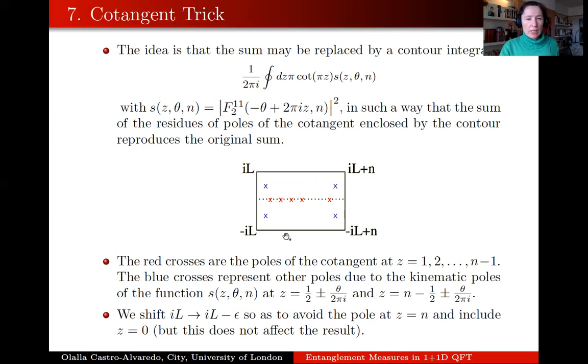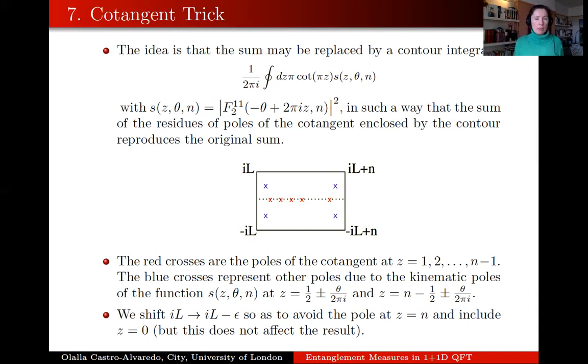So if we want to contain the pole at 0, what we can do is to shift this rectangle a little bit towards the left, and we want to avoid the pole at n. Okay, so we're gonna imagine that we are doing that. In fact, including the pole at 0 or not doesn't really change the final result, but just for consistency with the sum that I wrote earlier.